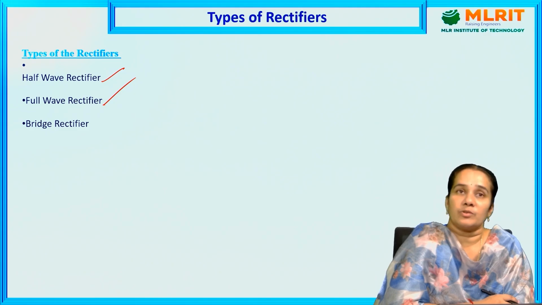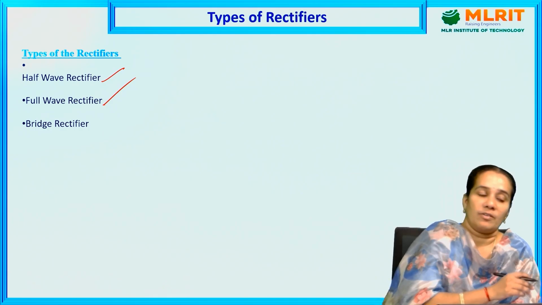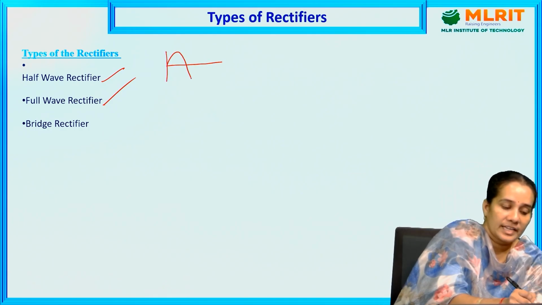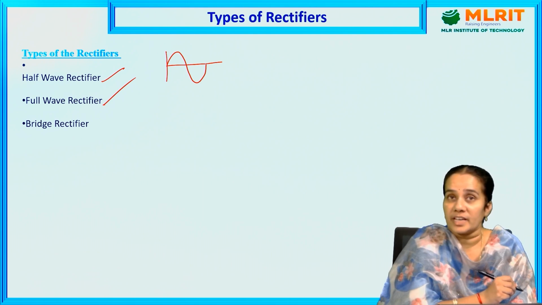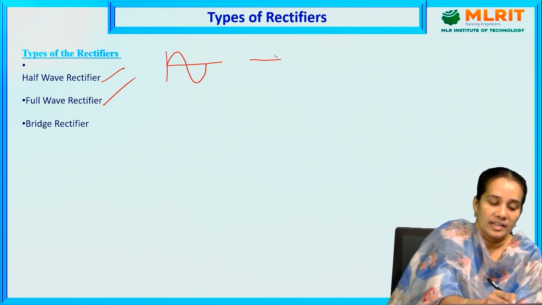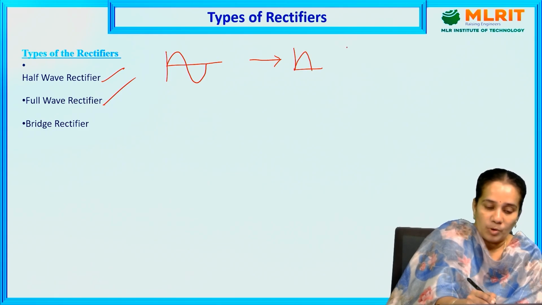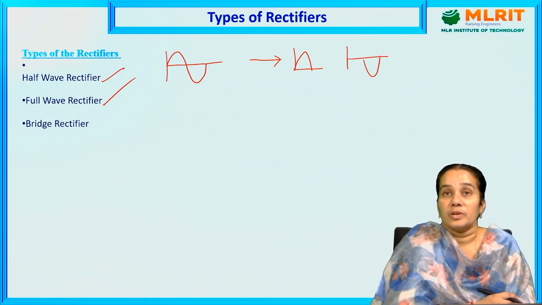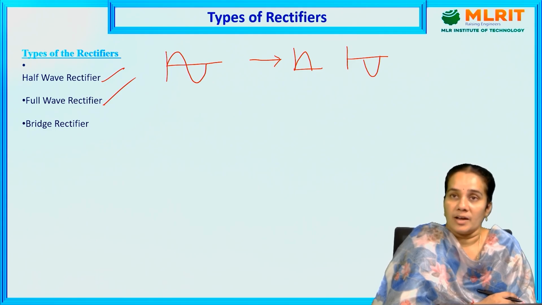A half-wave rectifier is a rectifier which rectifies only one half cycle, either the positive half cycle or the negative half cycle. So it rectifies only one half cycle, and the efficiency is very low.